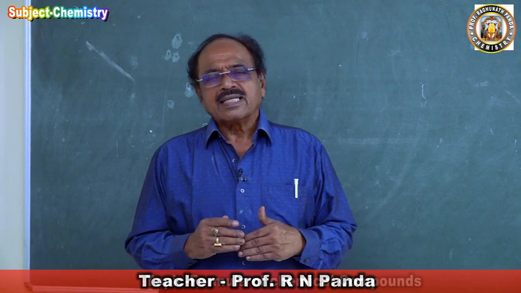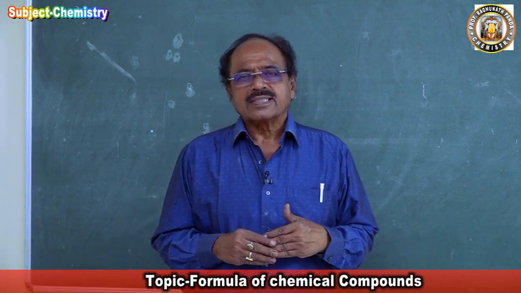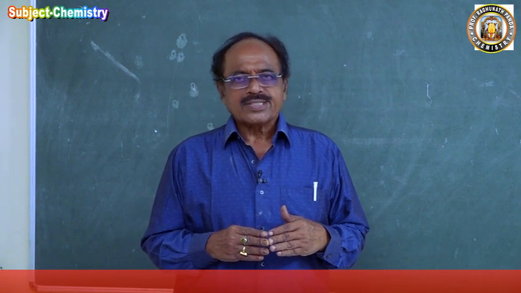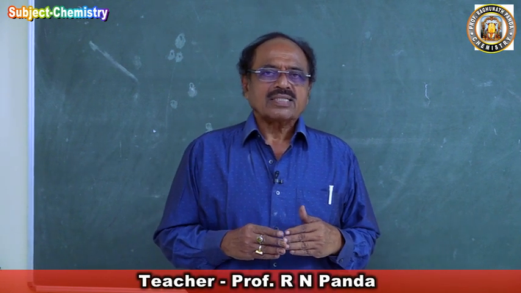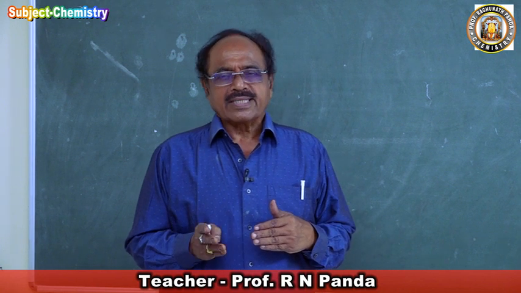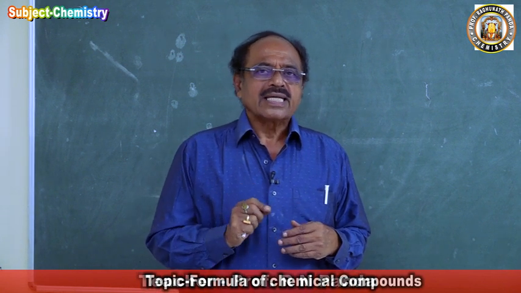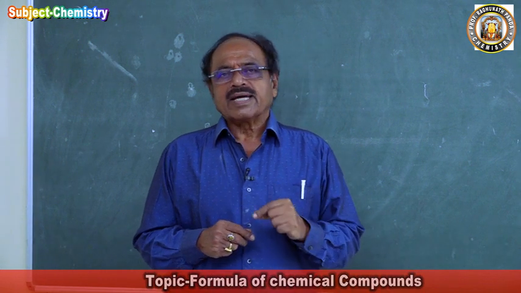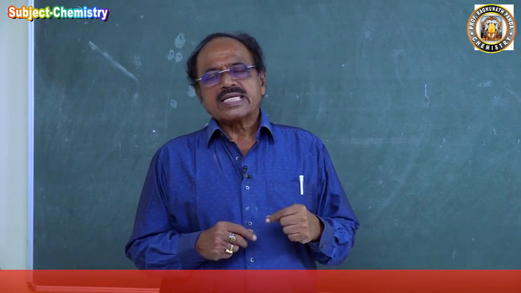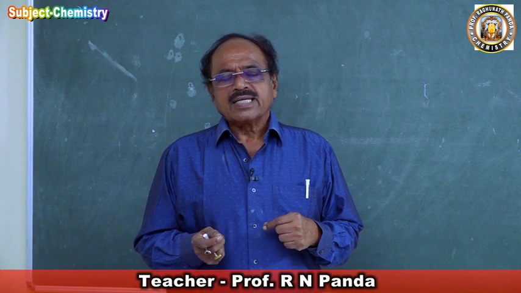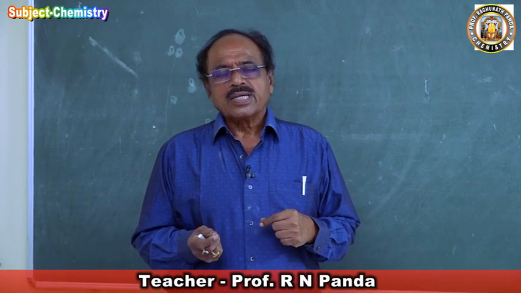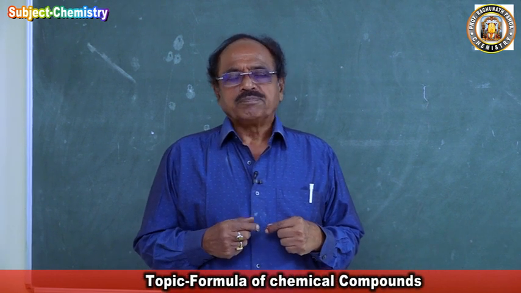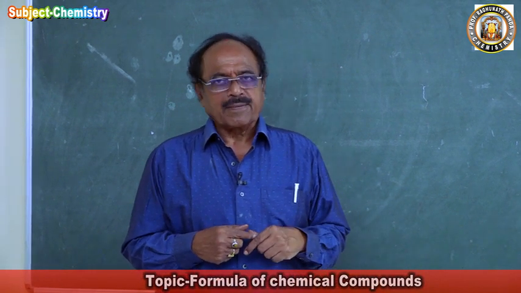These are the standard ones. Then there are 2 other radicals sulfur forms: thiosulfate, S2O3 minus 2, and tetrathionate, S4O6 minus 2. Here thio means sulfur. In S2O3 minus 2 there are 2 sulfur atoms, so thiosulfate, and in S4O6 minus 2 there are 4 sulfur atoms.